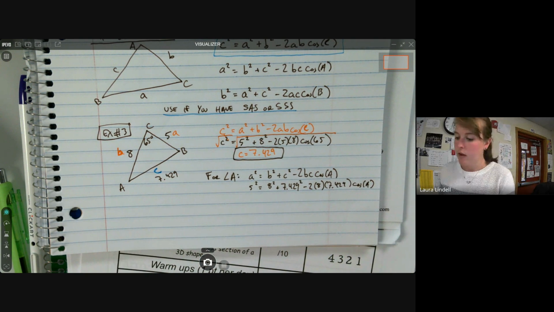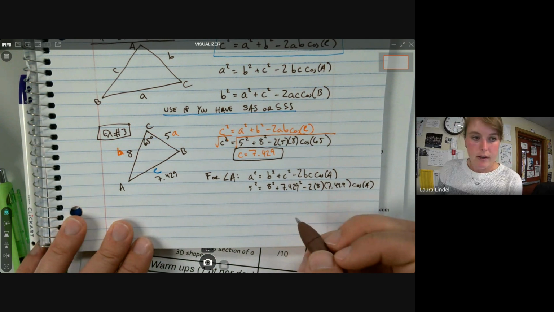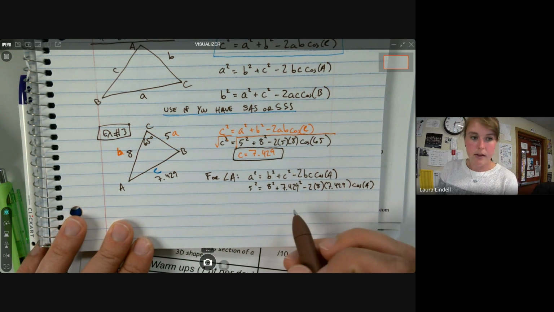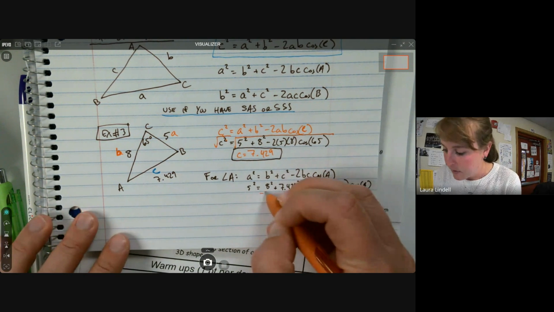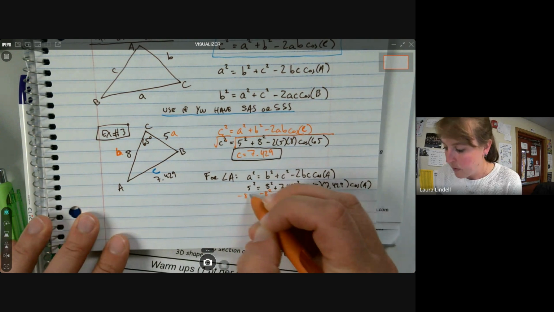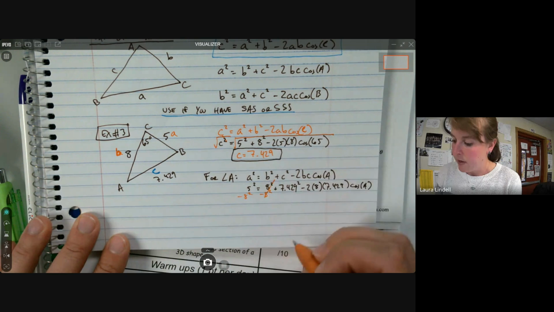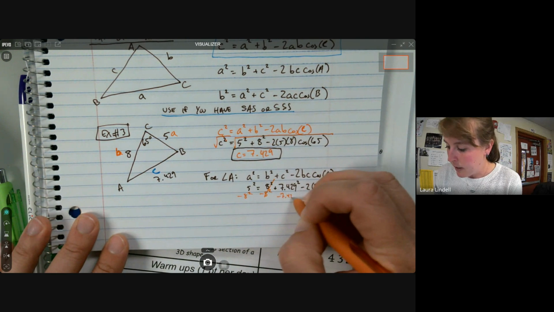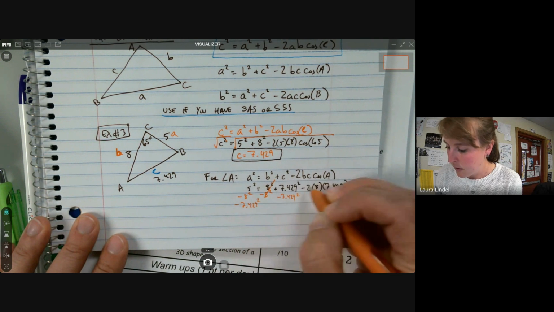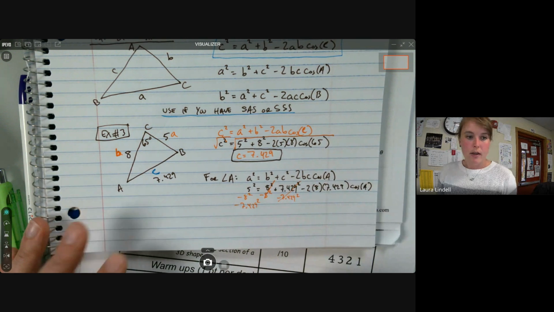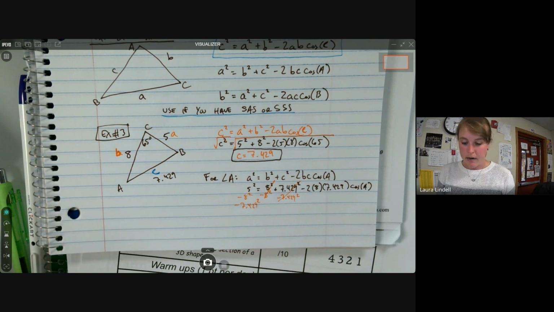Okay. So next thing we want to do, I want to subtract from both sides 8 squared, get rid of that, and 7.429 squared, get rid of that. I'm going to go ahead and do that in my calculator. So 5 squared minus 8 squared minus 7.429 squared.